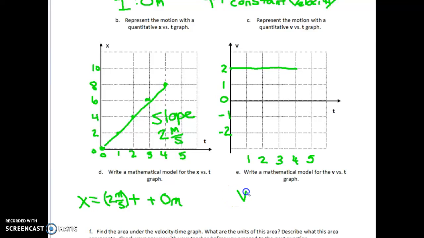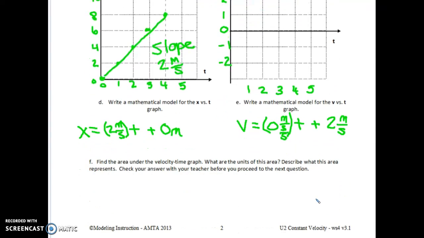On my velocity versus time graph, I'm going to say velocity equals, my slope here is 0, and the unit is going to be a little bit funny. It's meters for every second for every second. Time is on my x-axis, and I can see that my y-intercept is going to be 2 meters for every second.